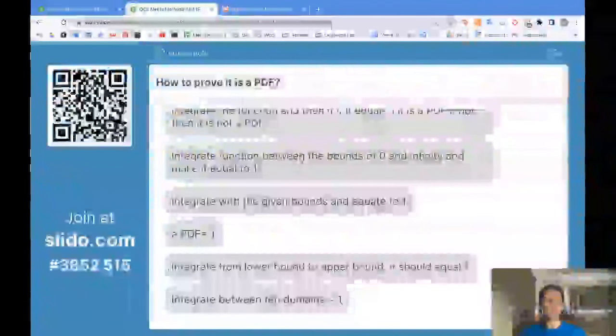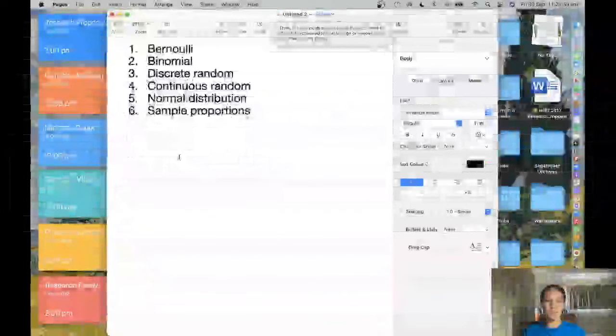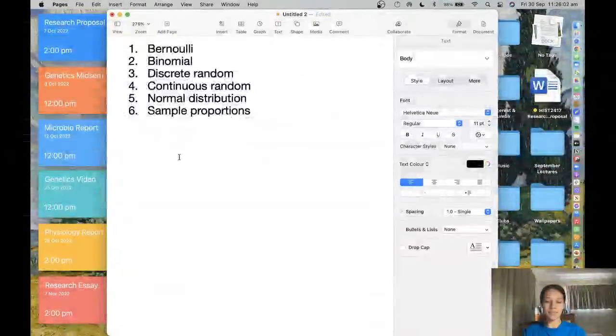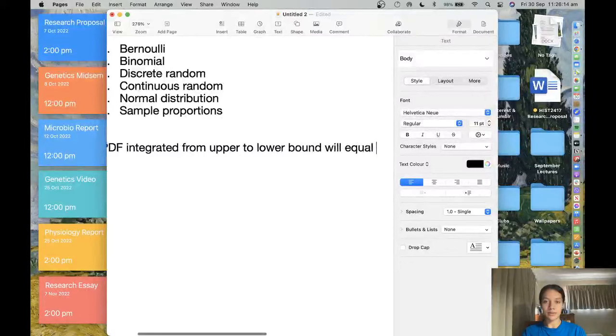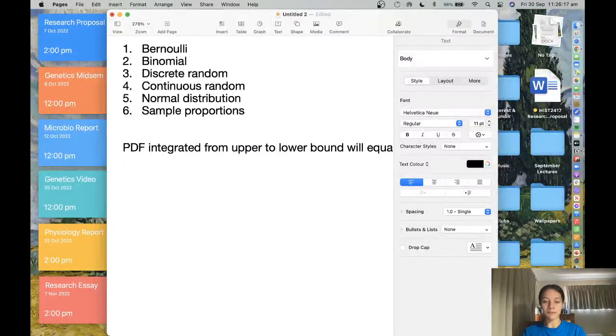An example of how I'd probably set this out in an exam: the first thing I'd say is to state the condition that the PDF integrated from lower to upper bound will equal 1. And then you can do the little therefore symbol with the three dots. I love using that thing.